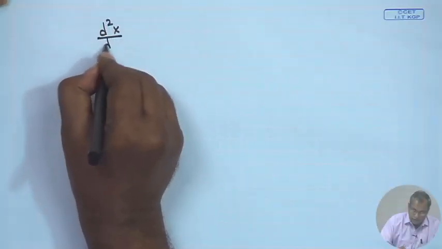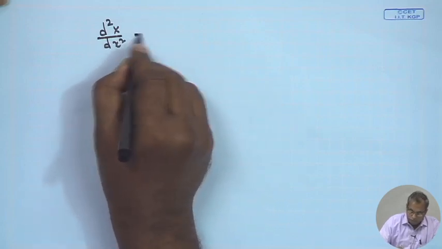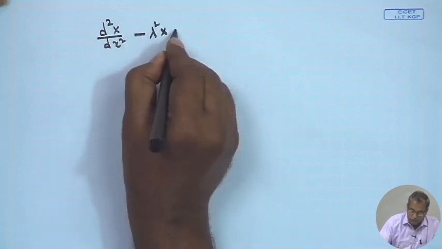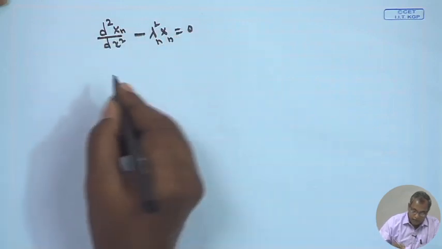Now, let us look into the x varying part. We get d²X/dx² - λ²X = 0. You can put n corresponding to the nth eigenvalue.